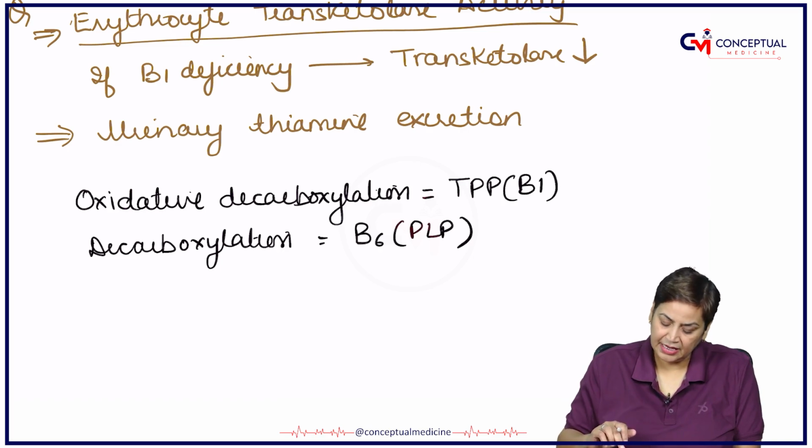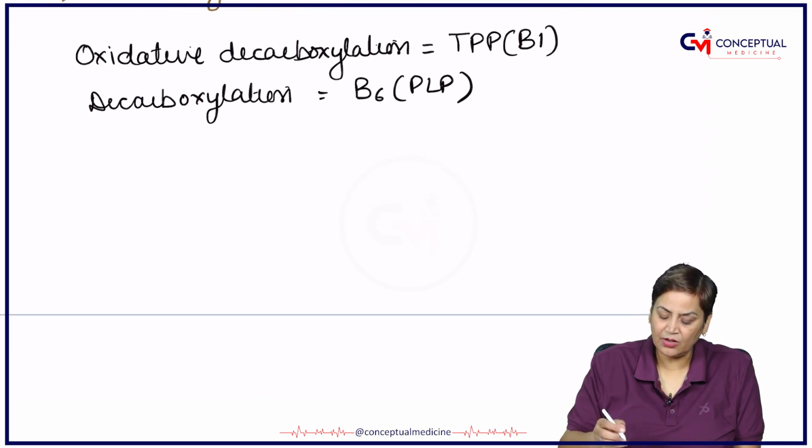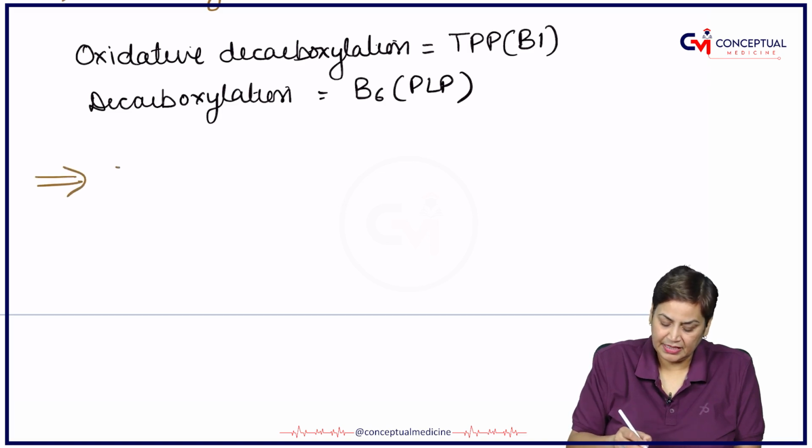Okay, then another important feature here is, just now I told you that this is required. TPP is the most important coenzyme for cellular respiration.